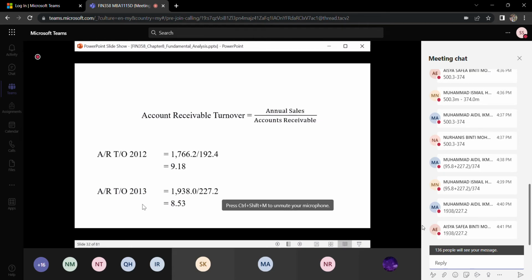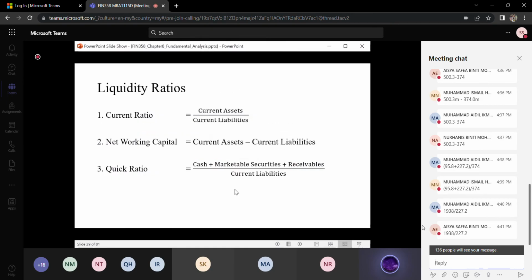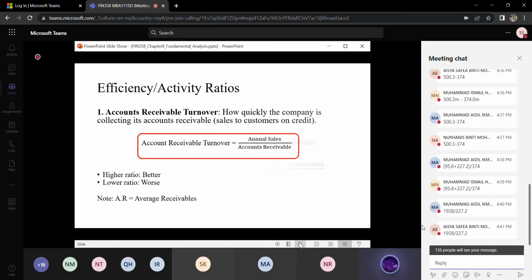All right, so we check: 1938.0 divided by 227.2. So we have 8.53. Right, this one. So again, we compare. We prefer year 2012. We prefer higher is better. Right, higher ratio is better.